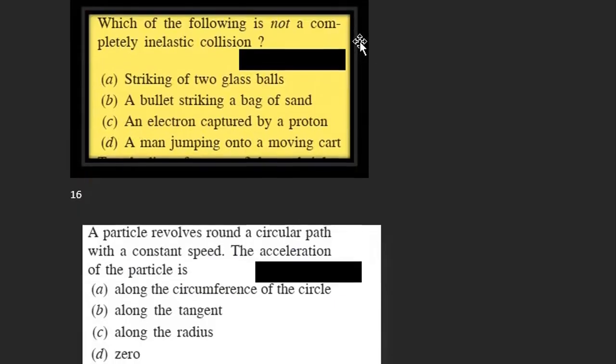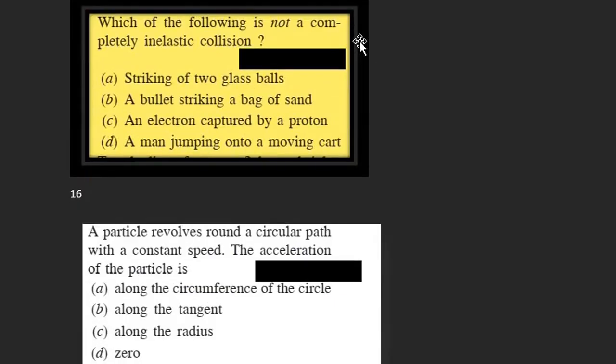Moving into 15th question. Which of the following is not a completely inelastic collision? Right, this is a good question. Completely inelastic, we have seen the question before. Completely inelastic means just by looking at it, we can tell it's inelastic. Striking of two glass balls.